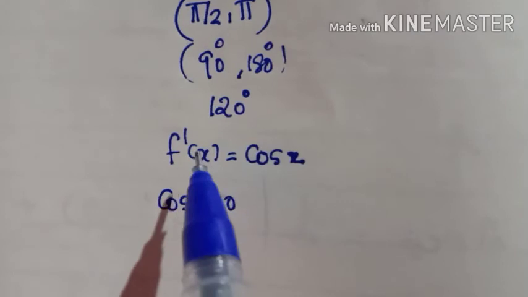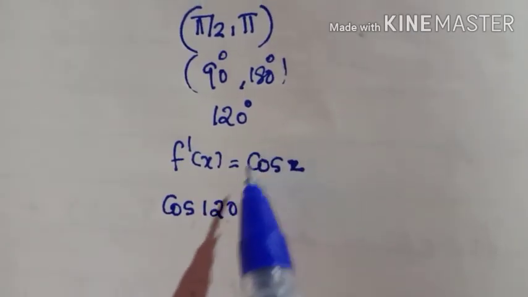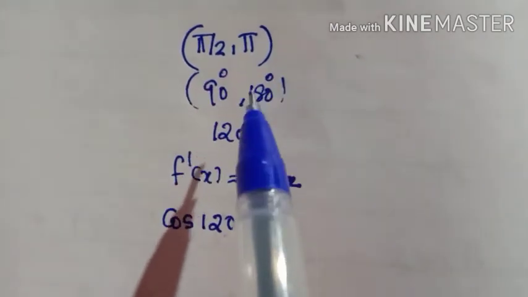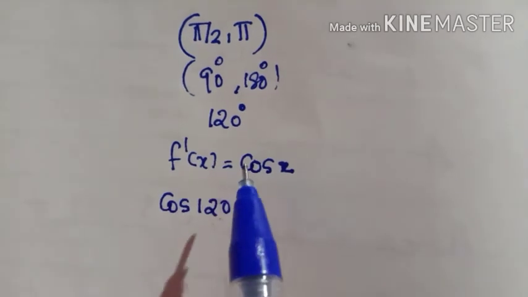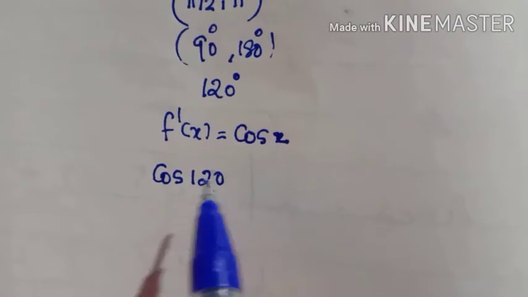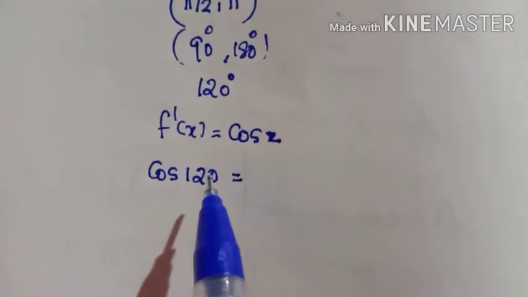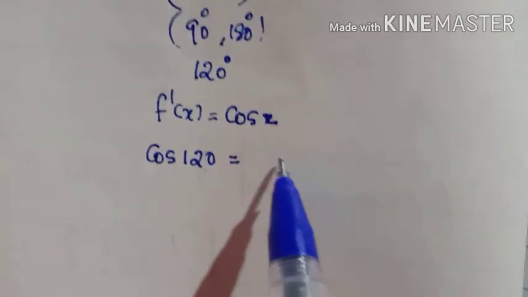Because our aim is to check whether f dash of x is greater than 0 or less than 0 in this interval pi by 2 to pi. For this we want to see the value of cos 120. If we know the value of cos 120, we can directly write it.